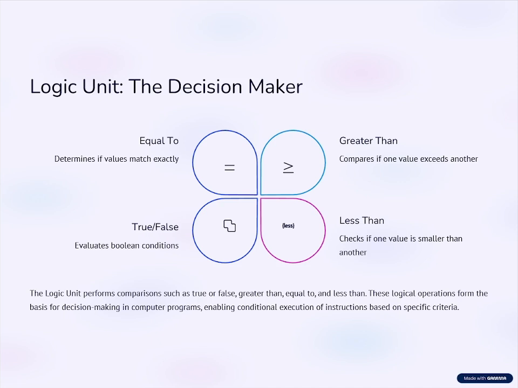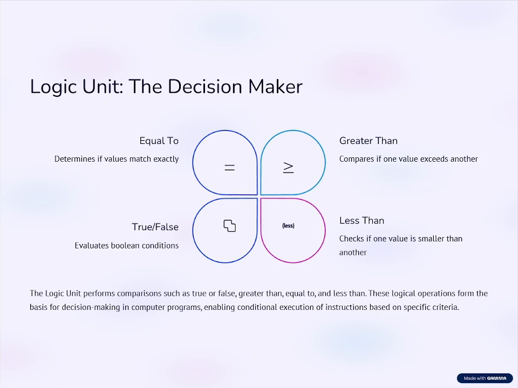It will also perform a Boolean operation, that is true or false, whereby we evaluate the Boolean condition. Then less than will check if a value is smaller than the other one and give you an output based on what it has found.